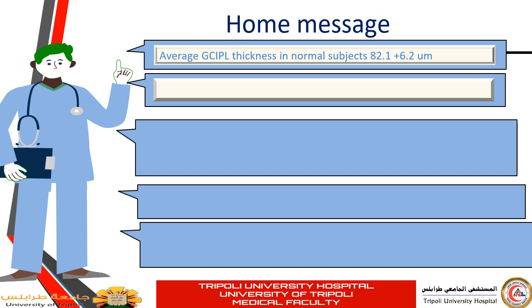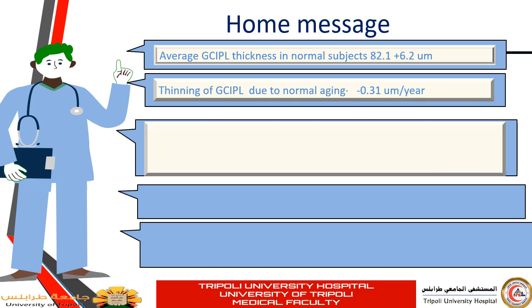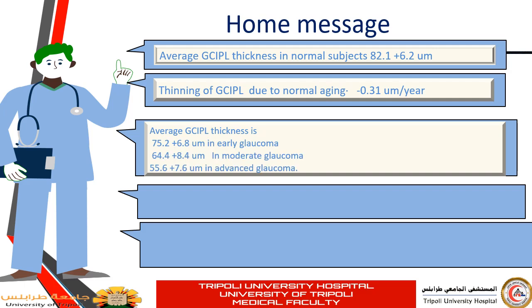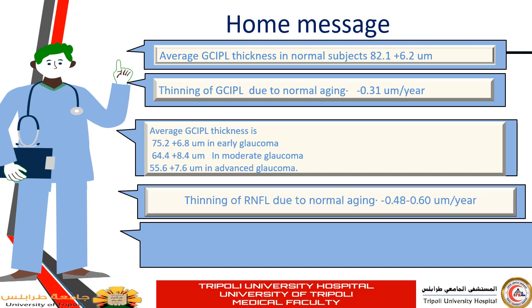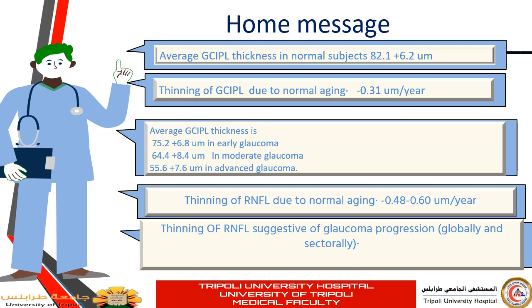Now we reach the summary of all we have said previously. The take-home message is that the average ganglion cell to inner plexiform layer thickness in a normal subject is around 82 micrometers plus or minus 6. The thinning of the GCIPL due to normal aging has an annual rate of decay of around 0.3 micrometer per year.